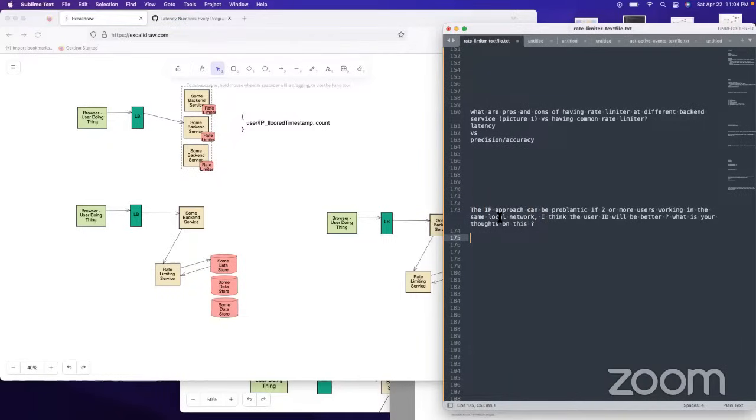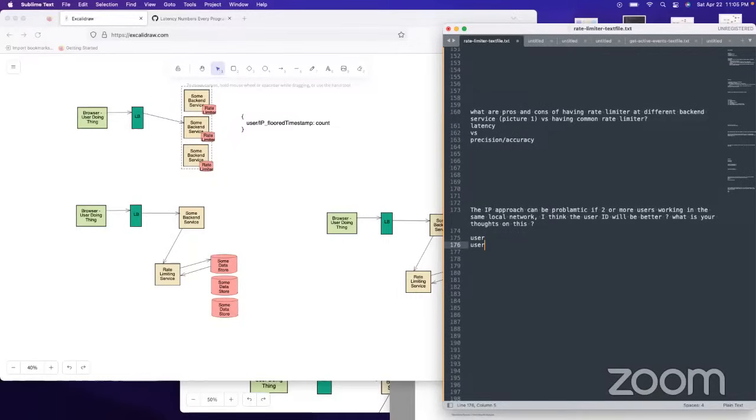But if you're just trying to limit somebody from flooding, let's say, Discord or LeetCode with comments, you could use a combination of IP underscore user, or you would just do user, because you'd hope that they're only posting from one account. Again, it depends on your use case.